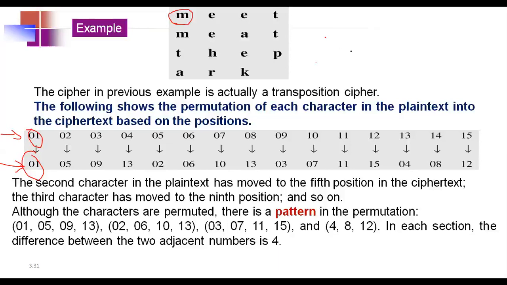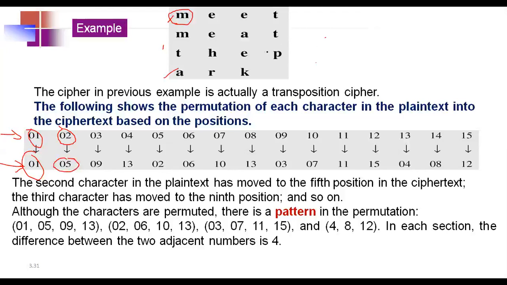But in the case of the ciphertext, what is the position of this second character? Since this is column by column in the ciphertext, this is the fifth character: 1, 2, 3, 4, and 5. So the second character is written as the fifth character in the ciphertext.